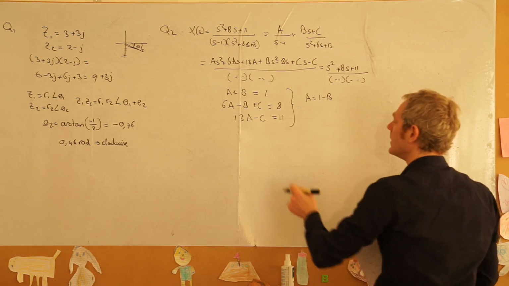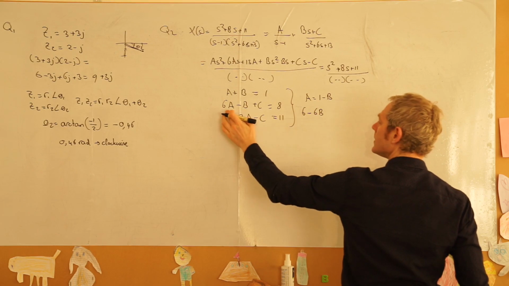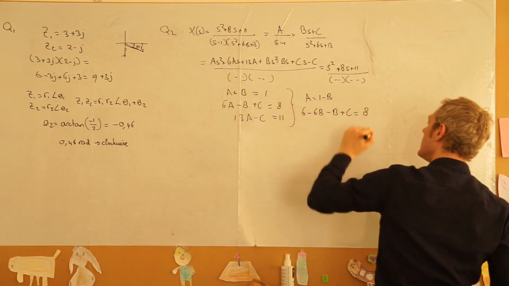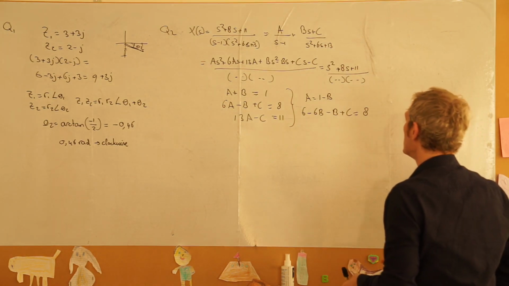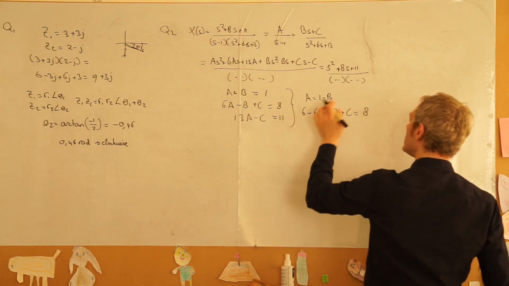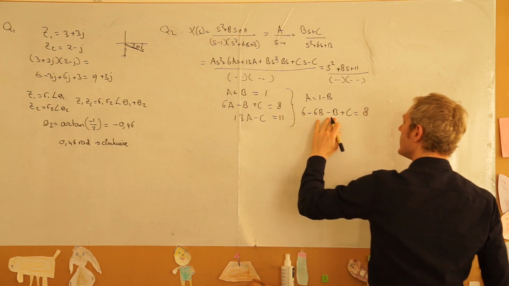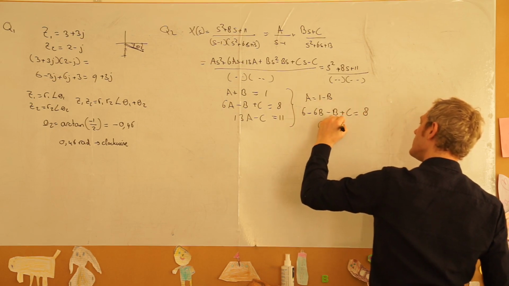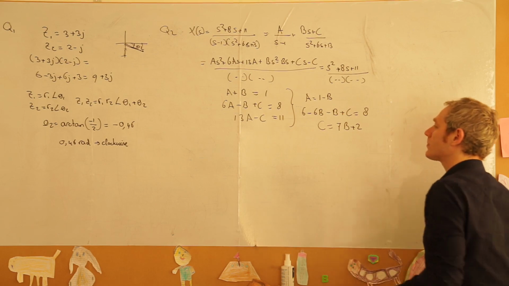So 6 minus 6B is 6A, minus B plus C is equal to 8. So I can group these two together and the 6 goes over that way. So I have minus 7B plus C equals 2, so C is equal to 2 plus 7B.